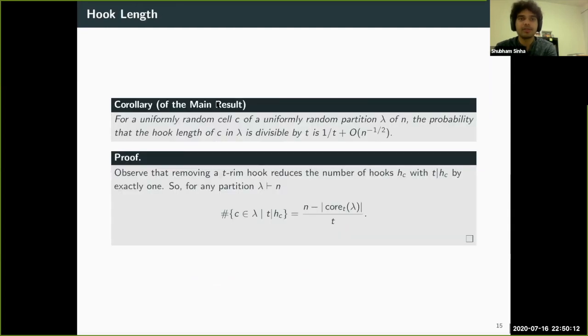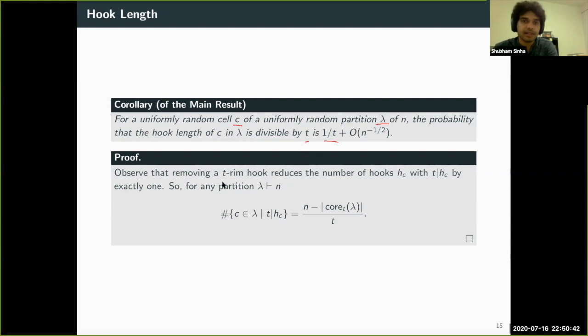Now a simple nice corollary, which leads us to the second part of the talk, is that when you take a uniformly random cell C in a uniformly random partition lambda, the probability that the hook length of C is divisible by t converges to 1 over t as n goes large enough. So how do we prove that?